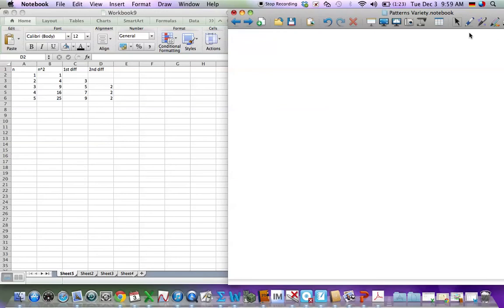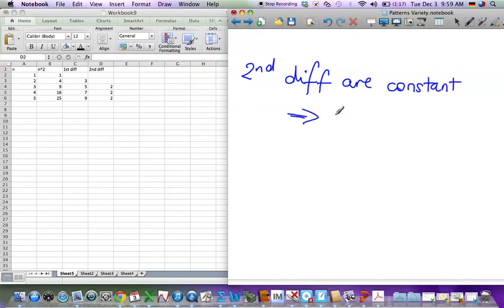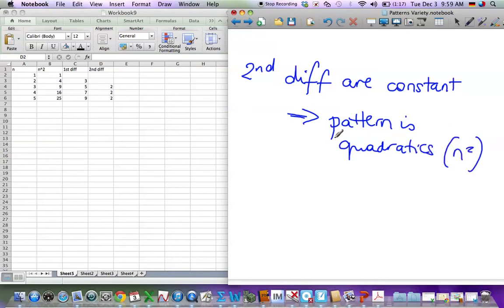For quadratic sequences, if the second differences are constant, then that means that the pattern is quadratic, i.e. it involves n squared. Okay, so that's our first clue.